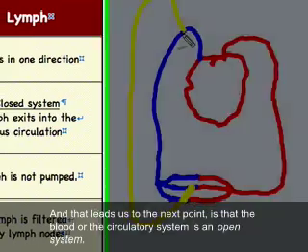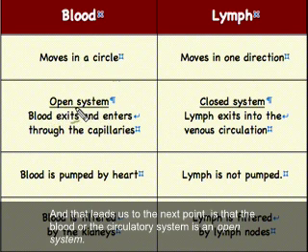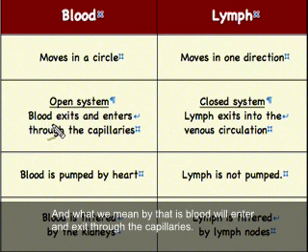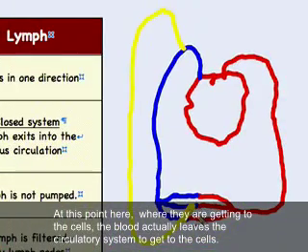And that leads us to the next point, is that the blood, or the circulatory system, is an open system. And what we mean by that is blood will enter and exit through the capillaries. At this point here, where they're getting to the cells, the blood actually leaves the circulatory system to get to the cells.